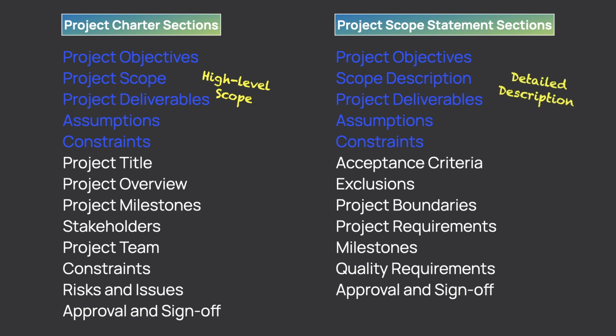In the project scope statement, we have detailed scope descriptions and detailed description for each deliverable. And more often than not, you'll have more deliverables in the scope statement than in the project charter. You will probably also elaborate on assumptions and constraints, as well as adding more technical limitations here.